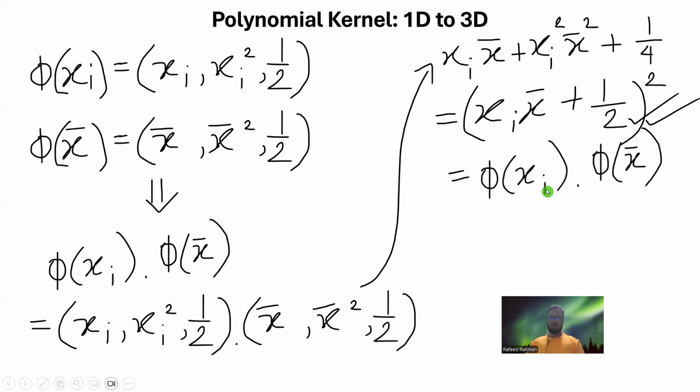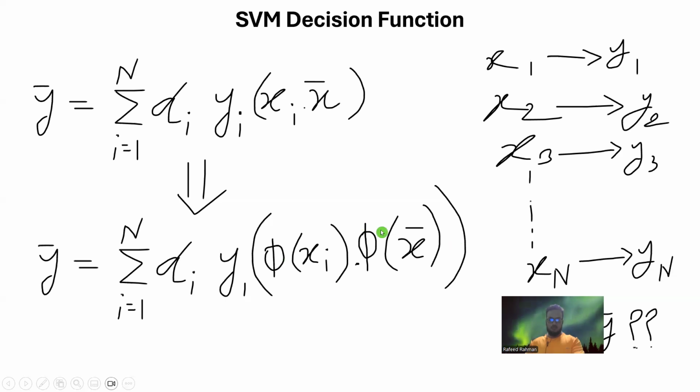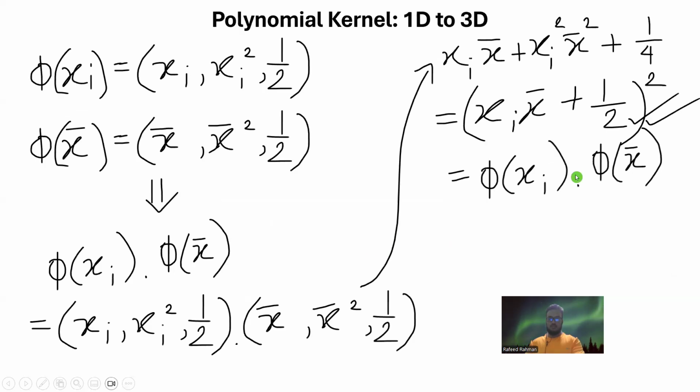That means we can simply replace this whole term that you can see in the brackets by this xi x bar plus half whole square. And that will make the model think that we have in reality transformed xi to 3D and x bar to 3D when we actually didn't do any of these.